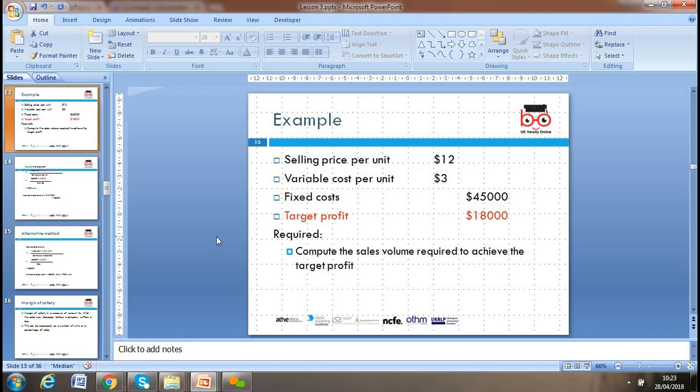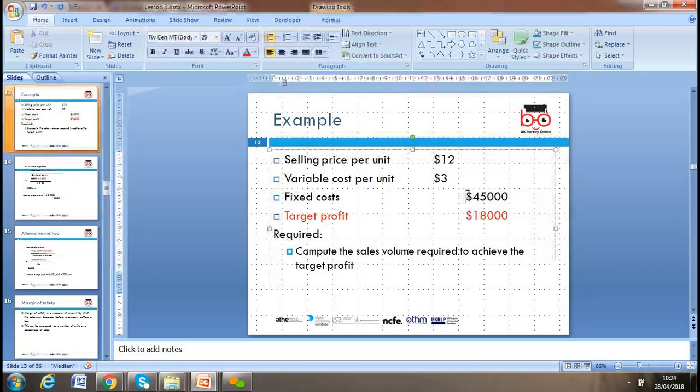Fixed cost is 45,000, and to that we add the target profit. We know contribution is selling price minus variable cost, that's 9. So what will break even be with target profit?